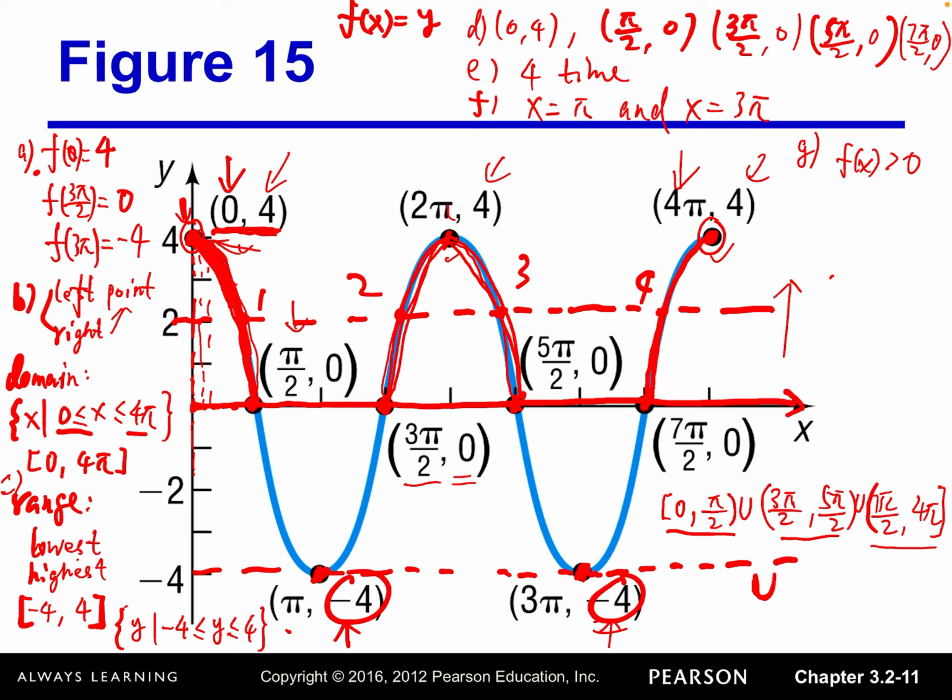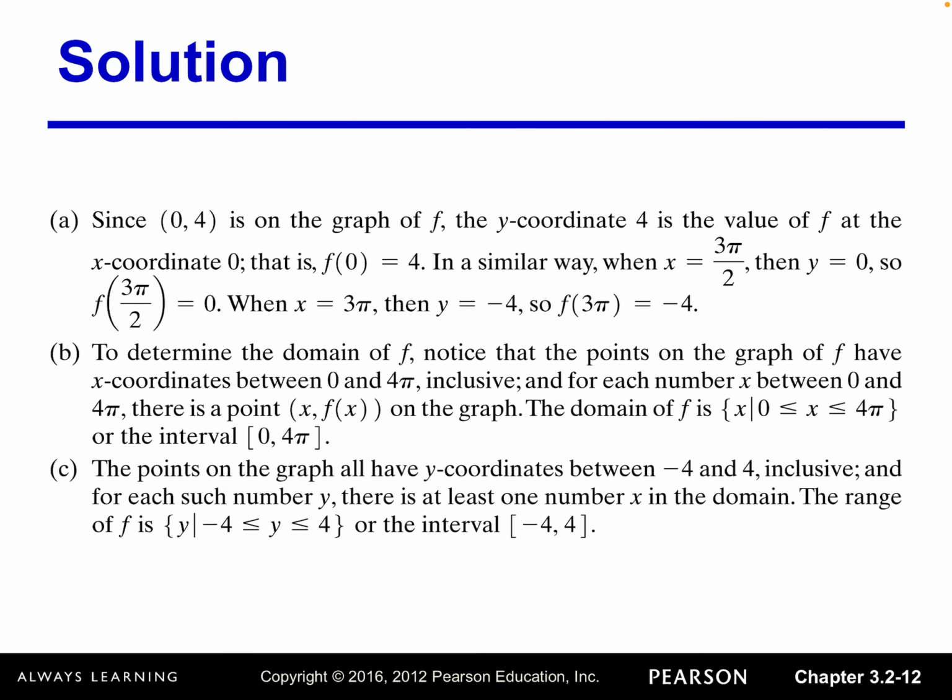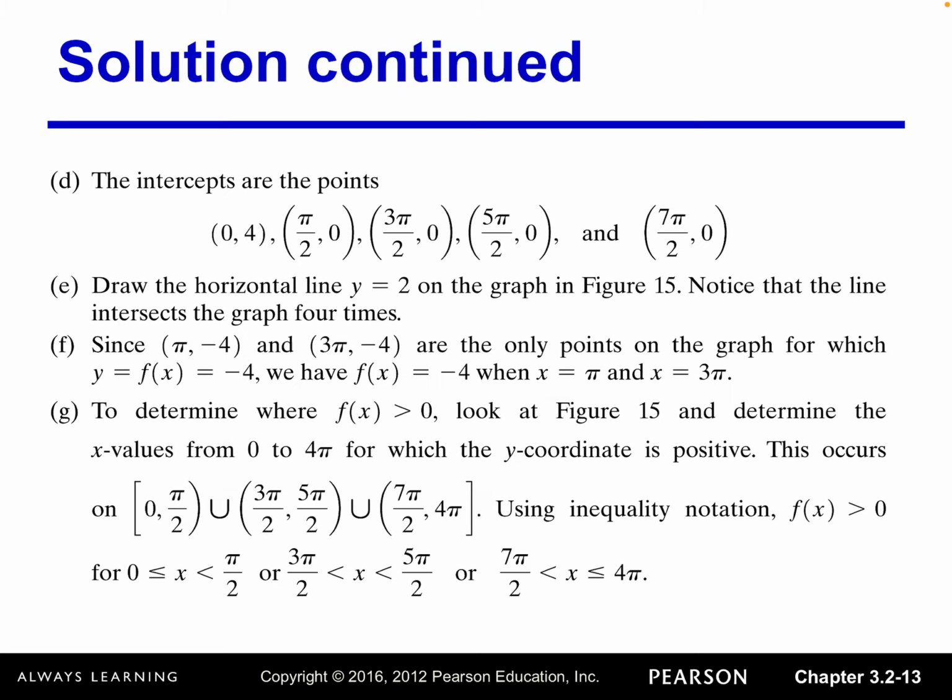So that's the answer to question G. This is a very complicated problem. I hope after you watch the video, you understand it better. This is the solution book that is given. You can read through it.